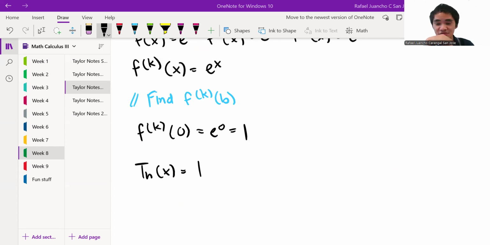Oh, there is a Taylor formula that we could use. Let me Google this real quick. f^(k)(a) over k factorial, times (x minus a)^k. Right. So we do have a Taylor formula that we could use. Funny enough, we actually do.